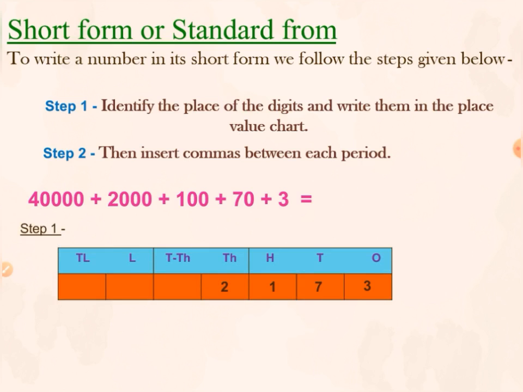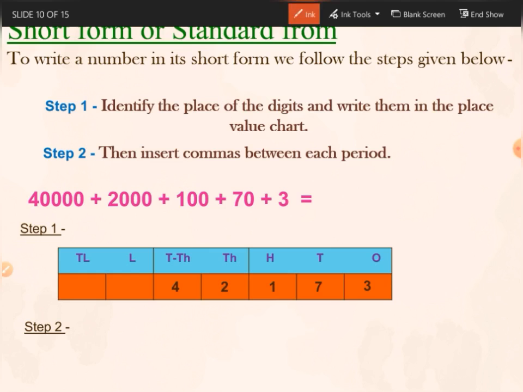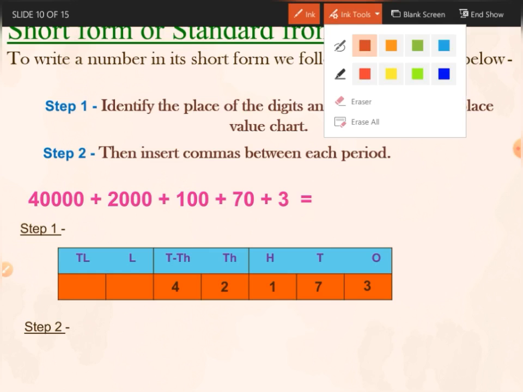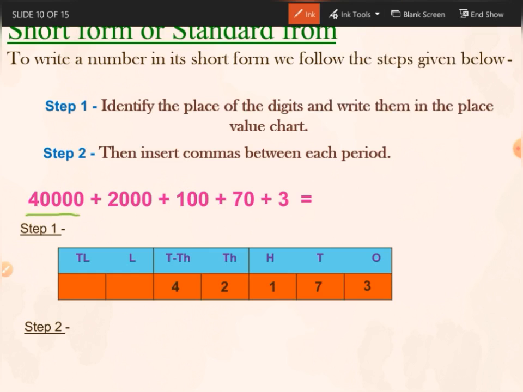So here you can see we have the first number 40,000. So 40,000 belongs to 10,000's place. So here 4 will come at 10,000's place.